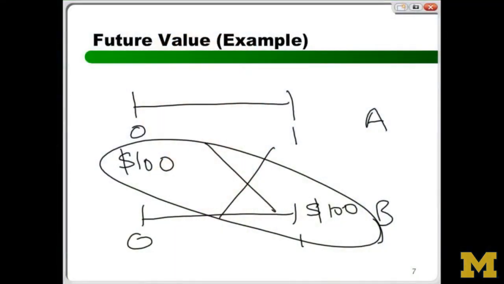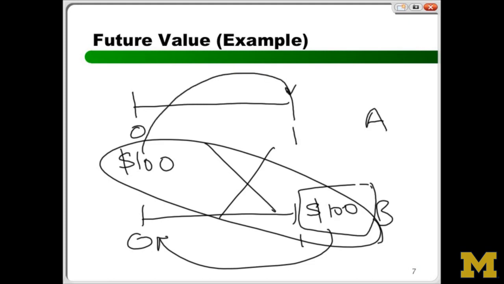So what is already in the future? We know that this is already in the future. So the question is, I cannot compare this to this at time 0, but what can I do? I can either bring this back to time 0, or carry this forward to the future.